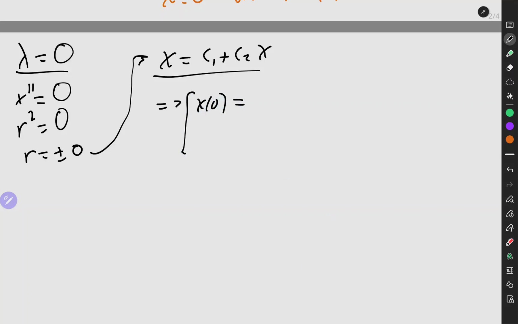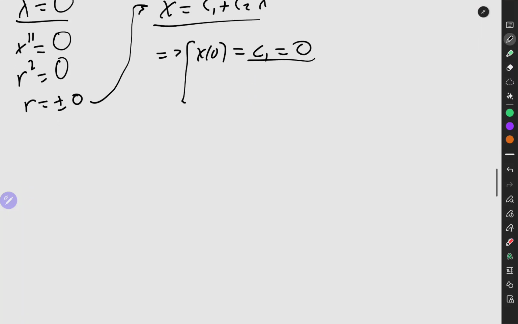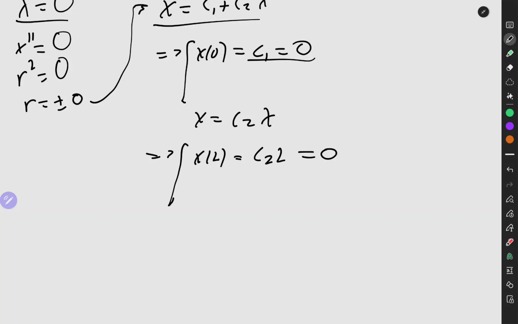This is equal to 0. So if x is 0, then we're left with c1 equals 0. That leaves us with x is equal to c2x. Second boundary condition: c2L is equal to 0. Now this one's pretty obvious.